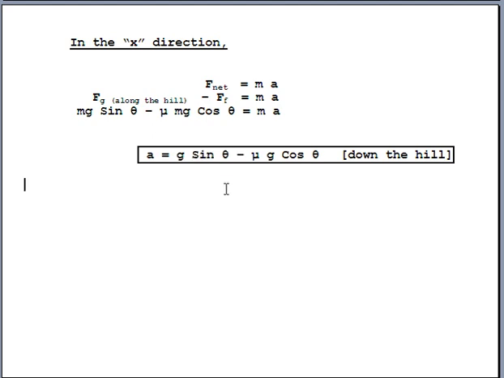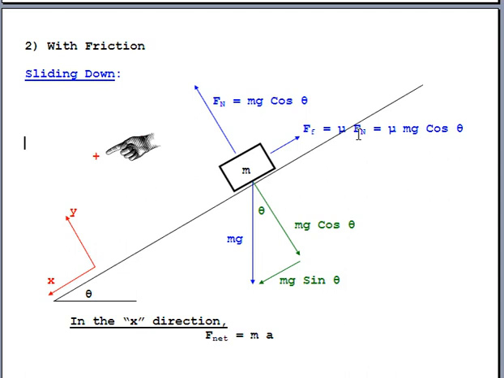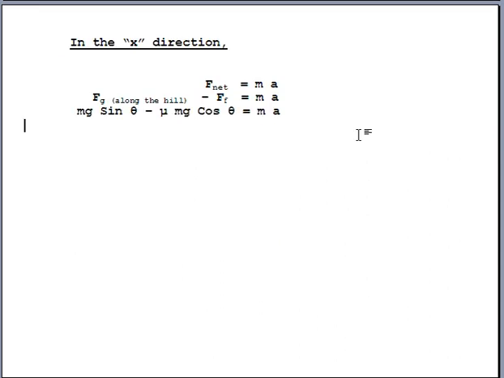And so you'll get a negative answer. Your negative answer is saying it's this negative number down the hill, or in other words, it's actually back up the hill. So in that case, if the net force is up the hill, this object, although it's sliding down, will actually gradually come to a stop. Okay, it's totally possible for that to happen.